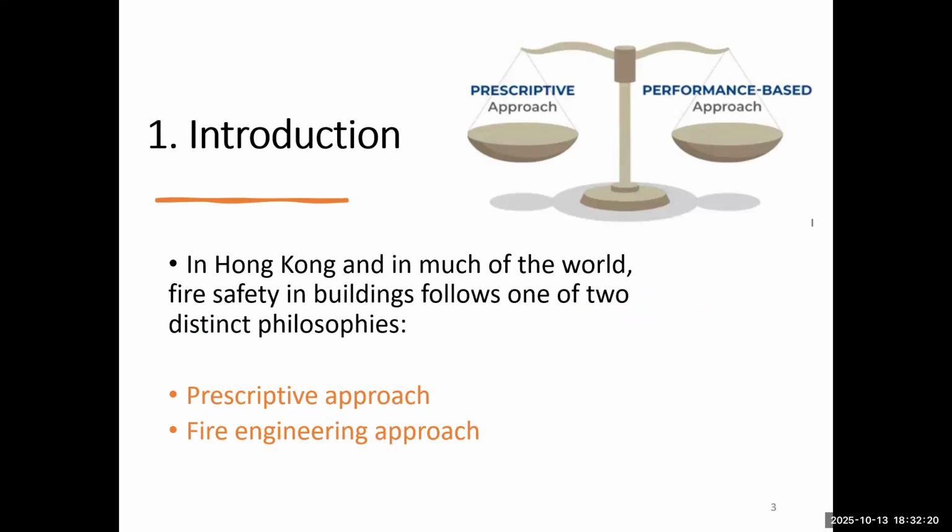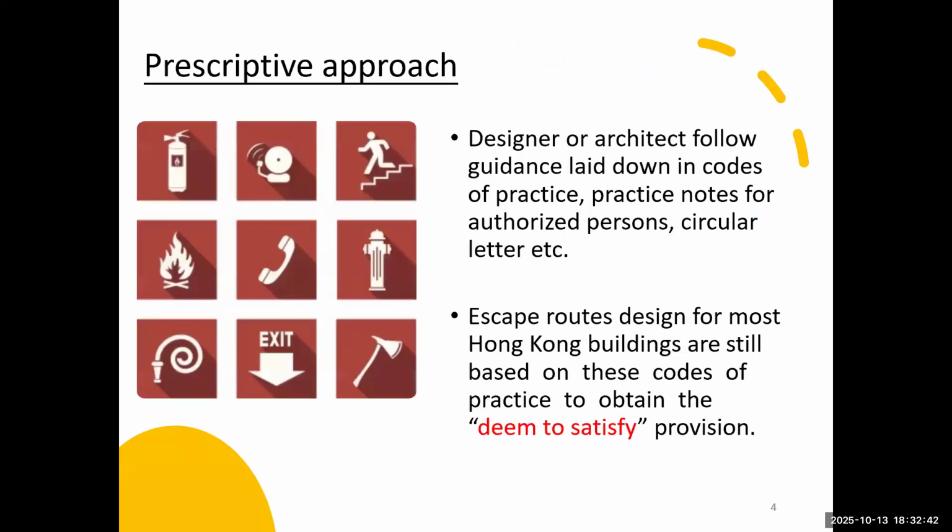Okay, so in Hong Kong and indeed in much of the world, the approach to fire safety for building design generally follows one of these two distinct philosophies. That is, as I mentioned before, the prescriptive approach and the fire engineering approach. So firstly, we have the prescriptive approach. Think of this as a traditional rules-based method.